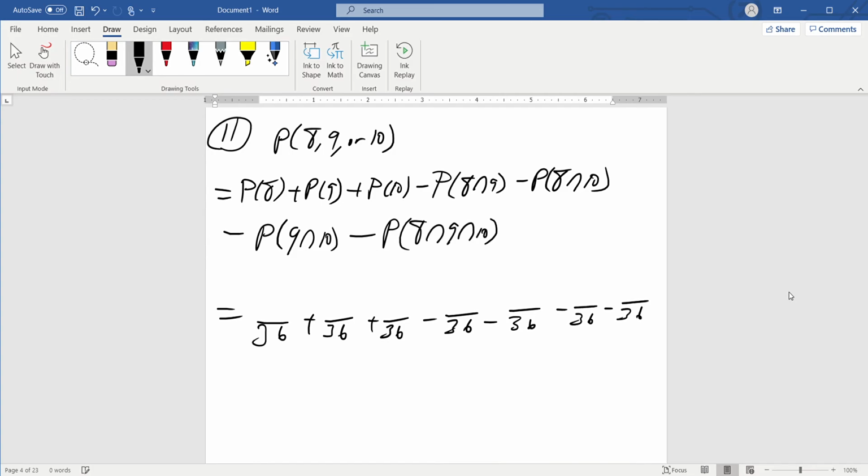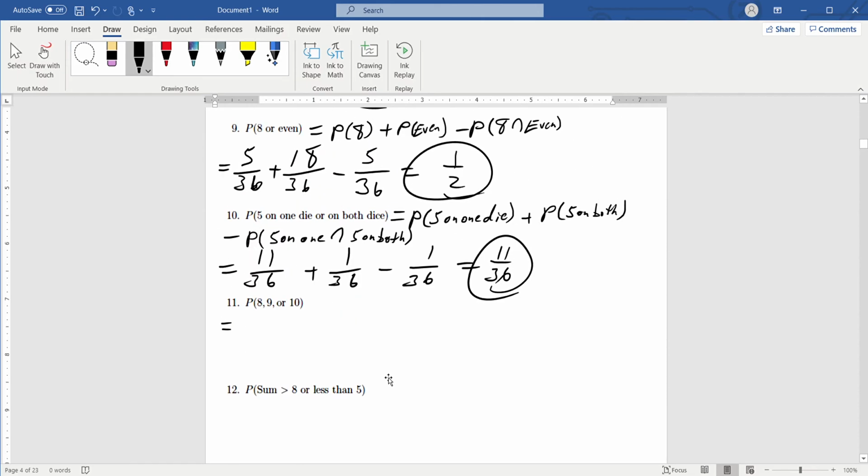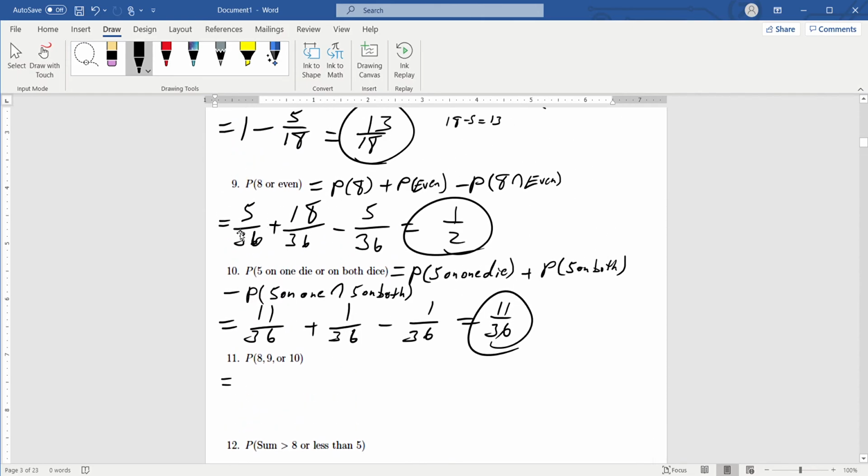So 1, 2, 3, 4, 5, 6, 7. 1, 2, 3, 4, 5, 6, 7. I have all ready to go. So out of 36, how many sums of 8 are there? I think I already did that. I did. Found 5 of them.